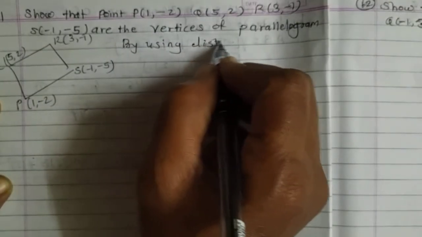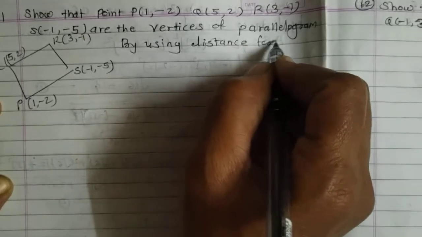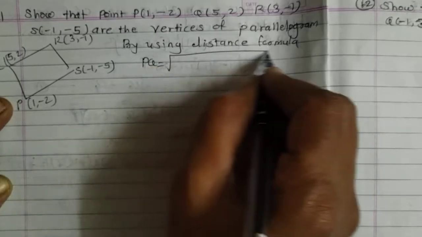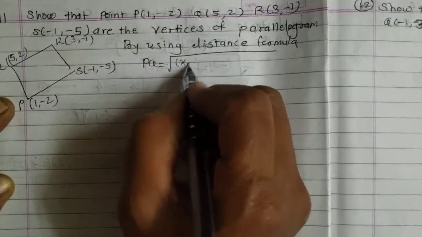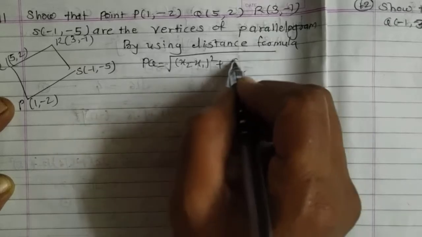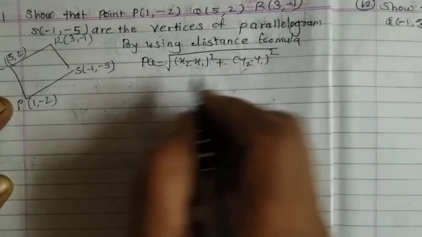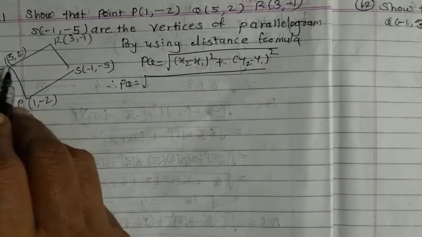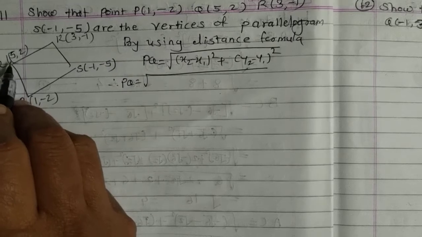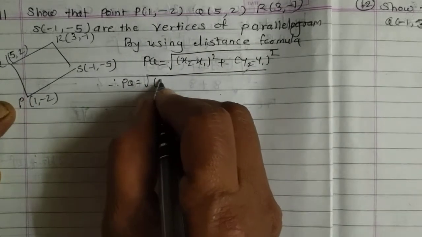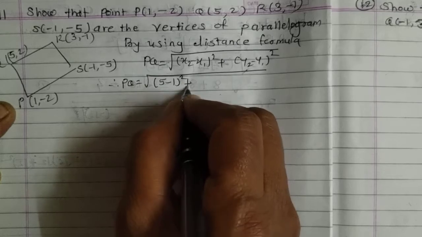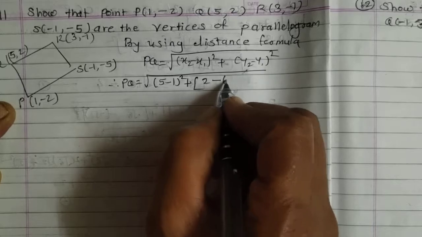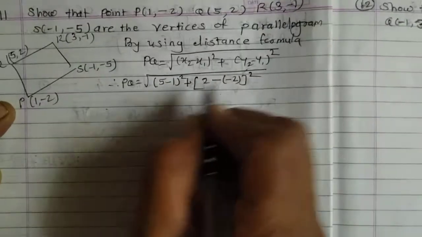We already know the distance formula. By using the distance formula, for PQ, we apply the formula first. In the first step we write the formula: square root of (x2 minus x1) whole square plus (y2 minus y1) whole square. Therefore PQ side is equal to, suppose this is x2 and this is the second point and this is the first point, means here we write (5 minus 1) whole square plus, this is y2 and minus, this minus 2 is y1, whole square.